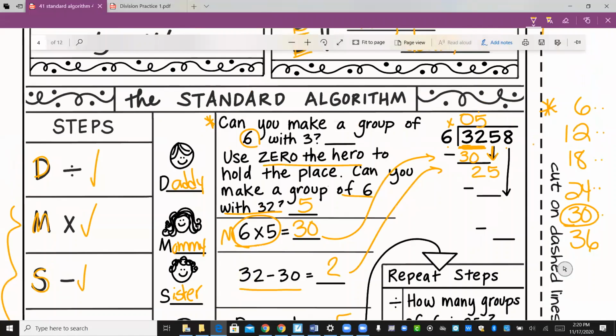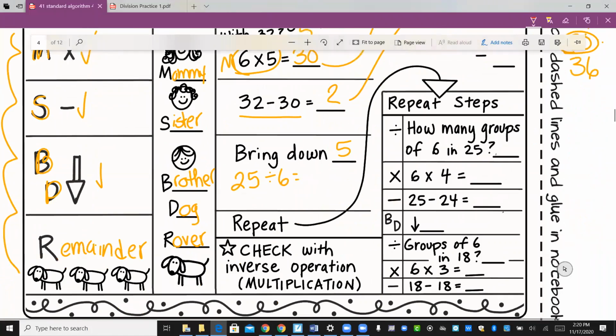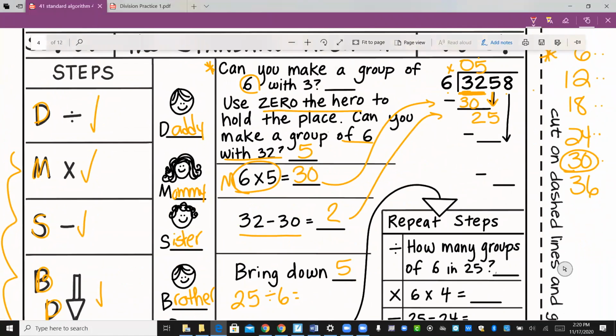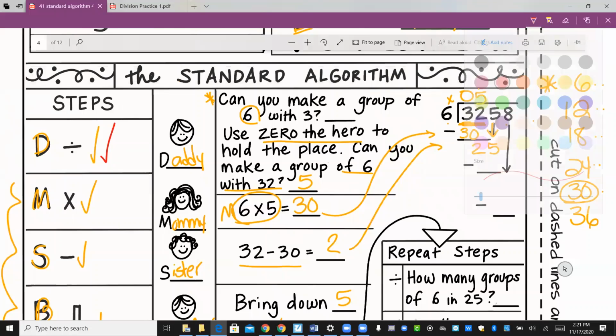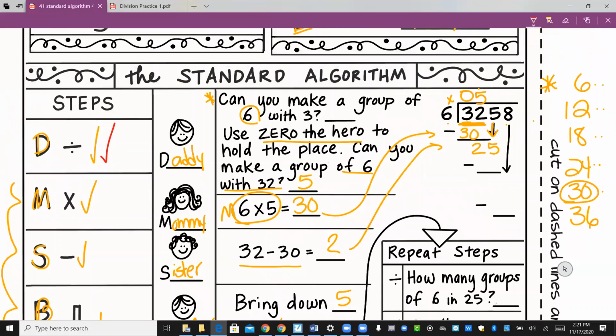And I'm going to change colors because this is the second round. And we're going to divide again. So since we're saying how many times will 6 go into 25, I'm going to go over here and look at my multiples. 6, 12, 18, 24, 30 would be too much.